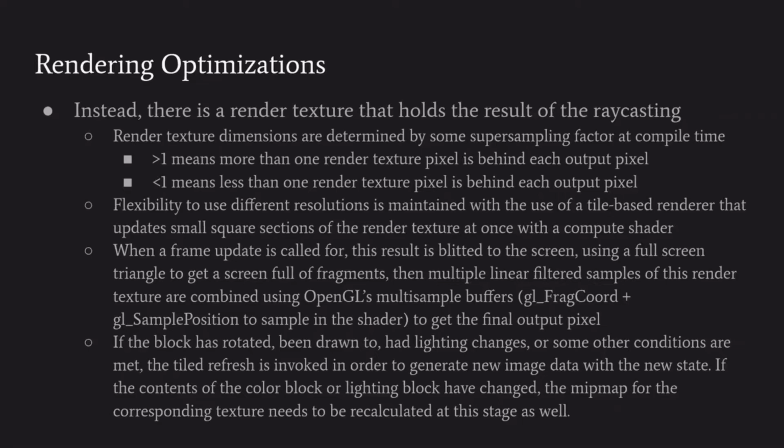Okay, so imagine you went to a really big texture. Well, when you call the function to dispatch the compute shader, there's some maximum value for each dimension. The way I got around that is I made a tile-based renderer that just goes in squares, 256 on a side, and fills up that texture.